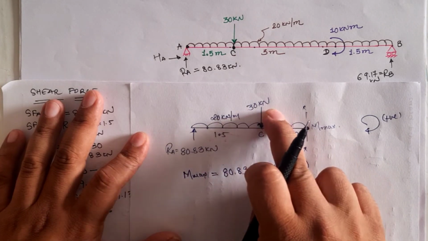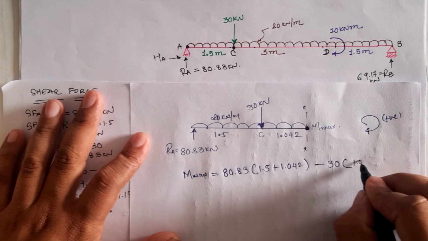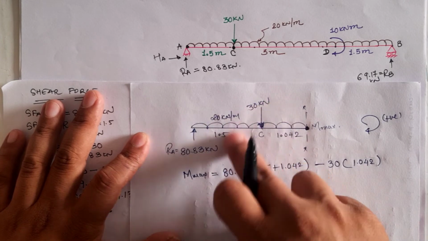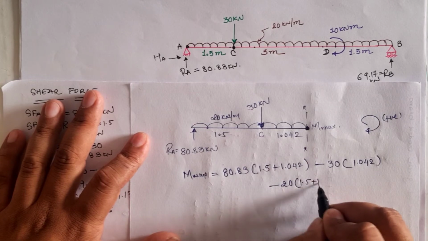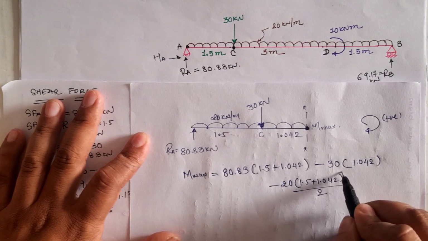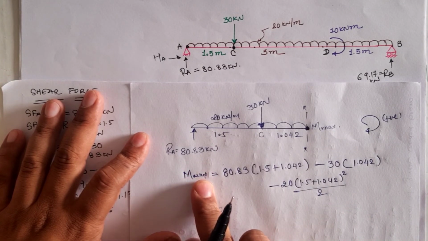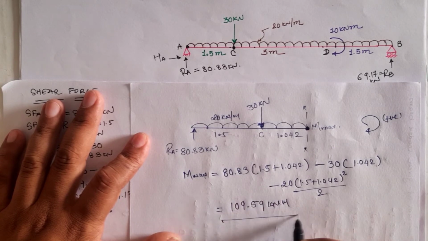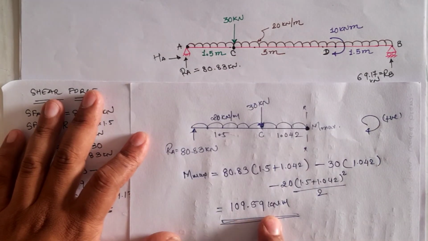Now the 30 kilonewton point load creates an anticlockwise moment, so it is minus 30 into the distance 1.042, and the 20 kilonewton per meter UDL over this span creates an anticlockwise moment, hence it is minus 20 into (1.5 plus 1.042) as load into distance by 2, so it is divided by 2 and distance square. Now solving this value, we will have maximum bending moment as 109.59 kilonewton meter. This indicates that the maximum moment between C to D must be 109.59 kilonewton meter.